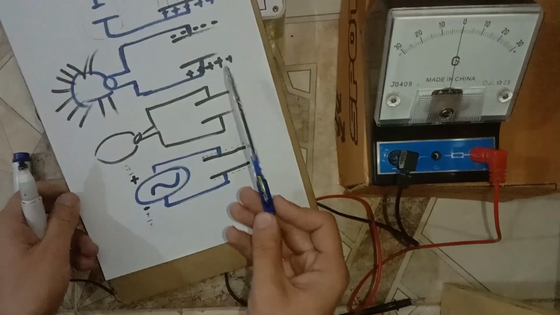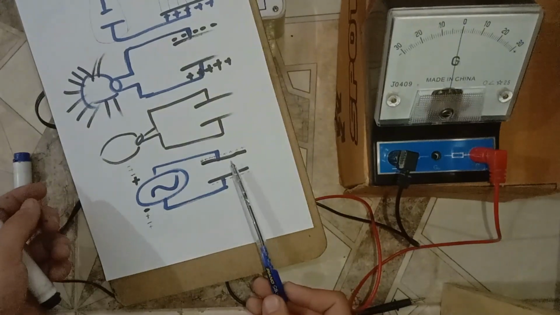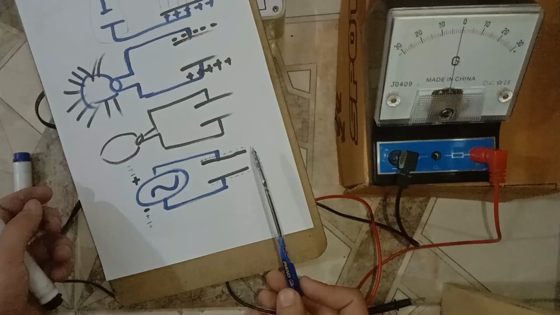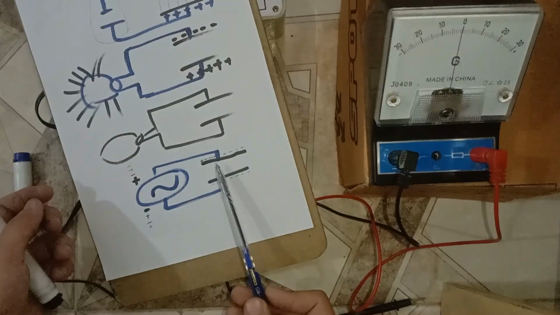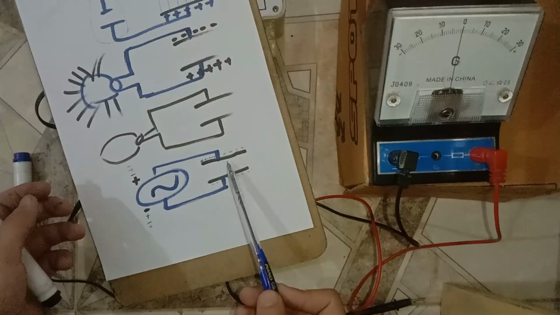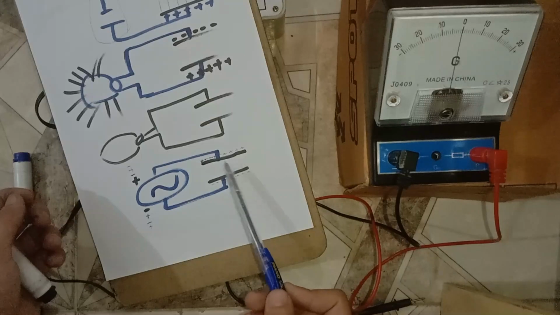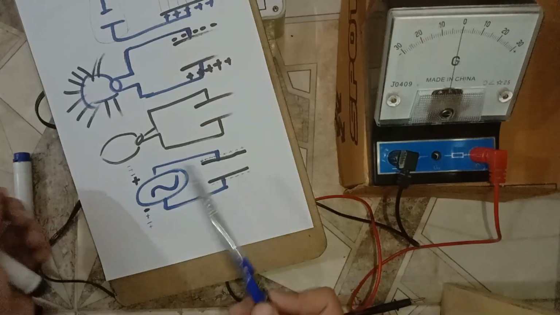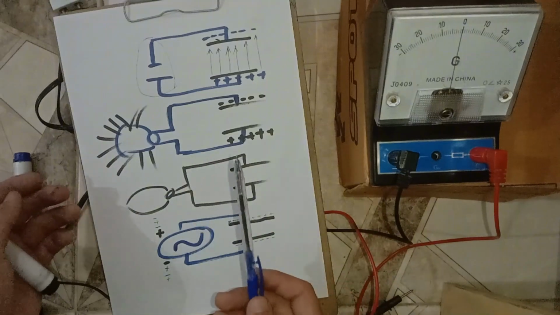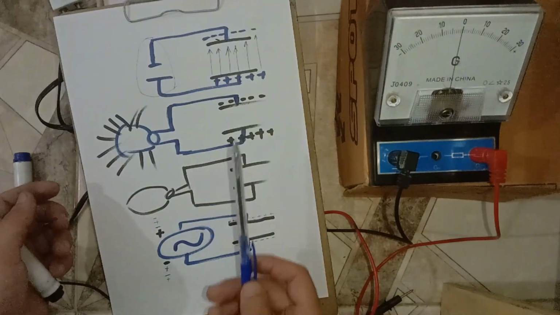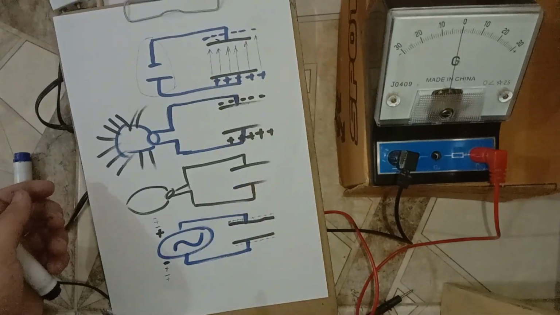If we provide the AC, this capacitor will be charging and discharging about 50 times in a second, because the frequency here in our country is about 50 hertz. So this charging and discharging will occur 50 times in a second. So this is the behavior of the capacitor with the DC supply and the AC supply.